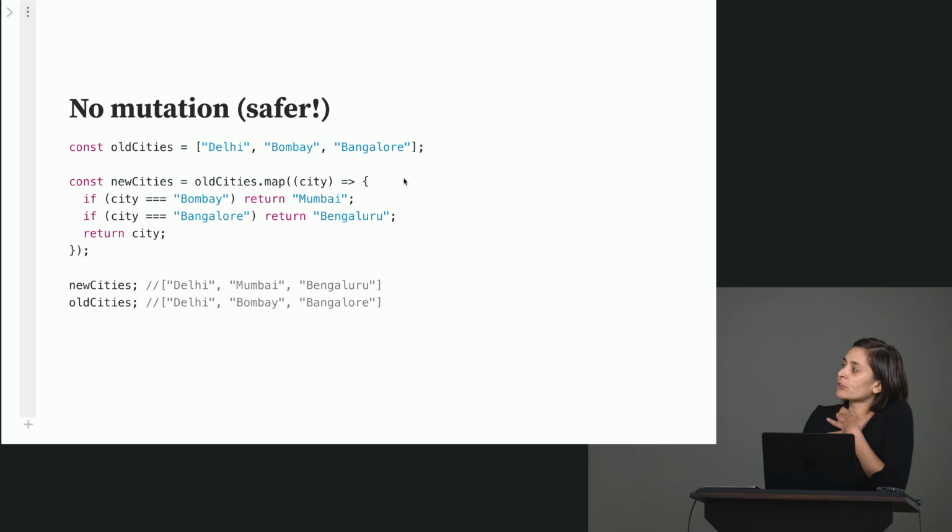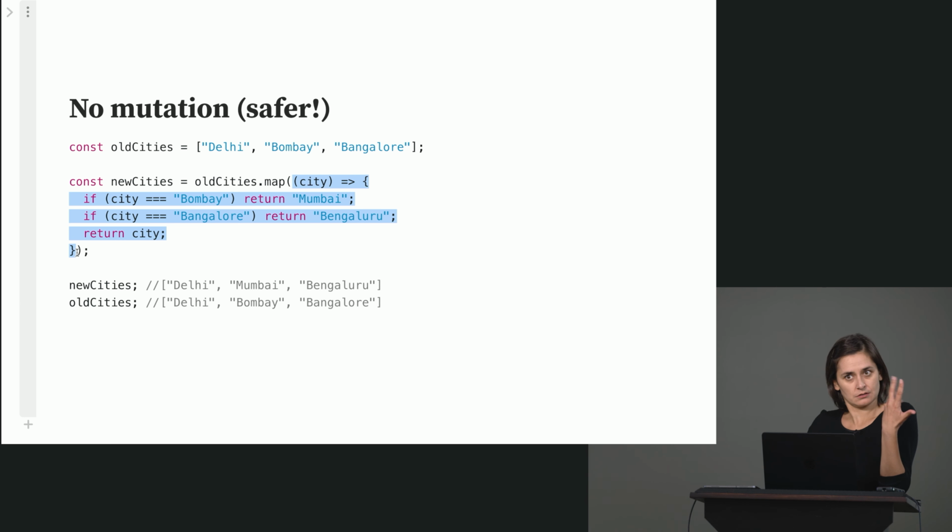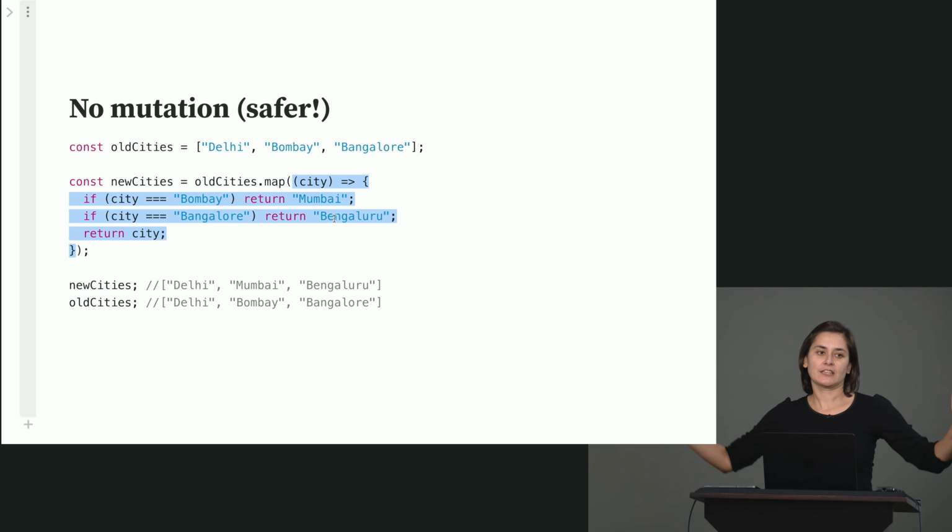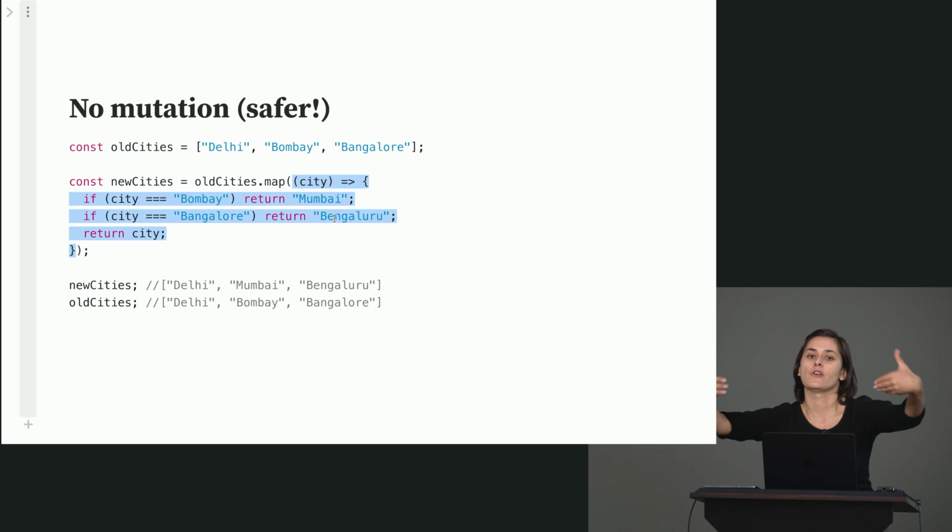So this transformer function that we pass in to our higher order map is then just going to take in the old data and return the new data. And map is going to take care of doing that for everything in the array and then returning a new array with that transformation.